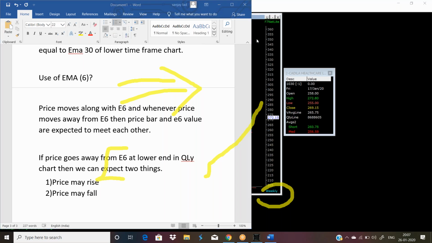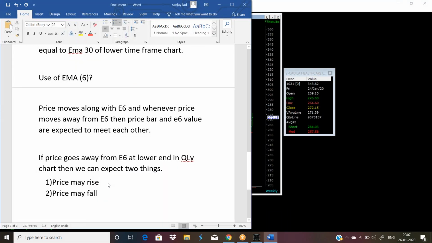So the price will rise and meet E6 of the quarterly chart, or the price may continue to fall. There are two possibilities.